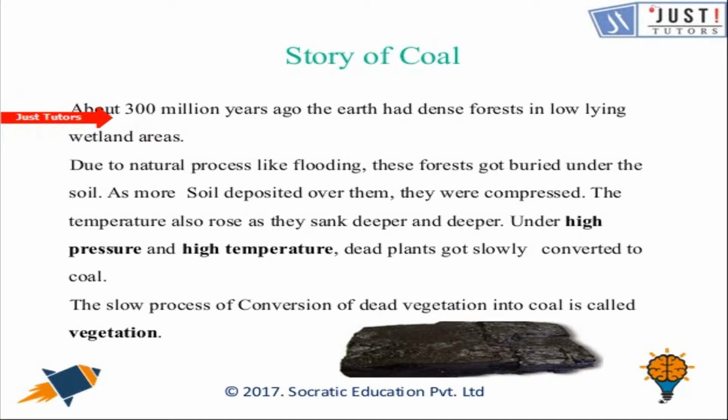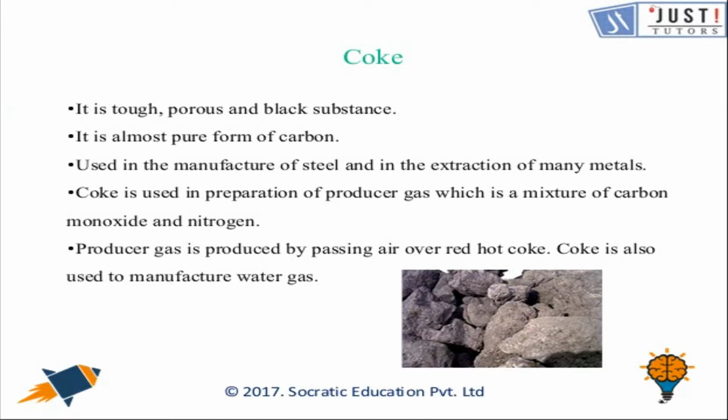Okay, now there are a few substances which are derived from coal. We'll talk about them now. So first is coke. It's a pure form of carbon. It's a tough, porous, and black substance. It is used in the manufacture of steel and in the extraction of many metals, and it is used in the preparation of producer gas.